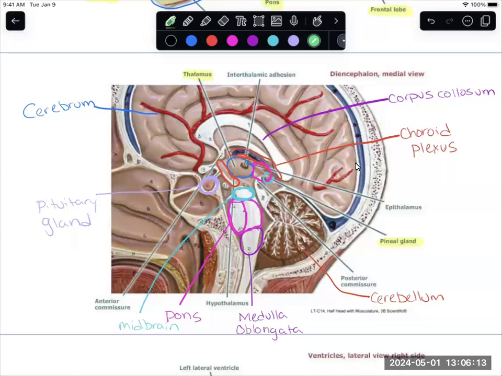From here, we can also see this little duct that travels through here. This is the cerebral aqueduct. So that cerebral aqueduct fits through here. Then we have one more, this area back here. It's considered that fourth ventricle.